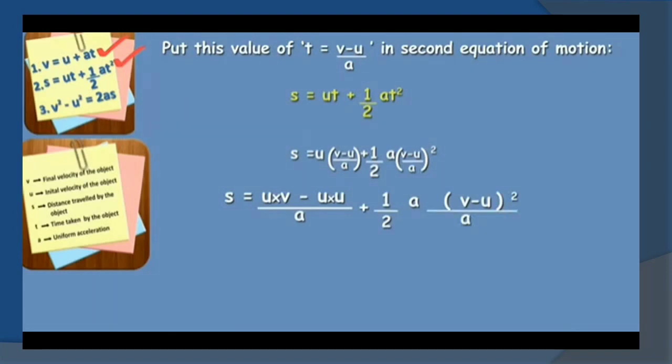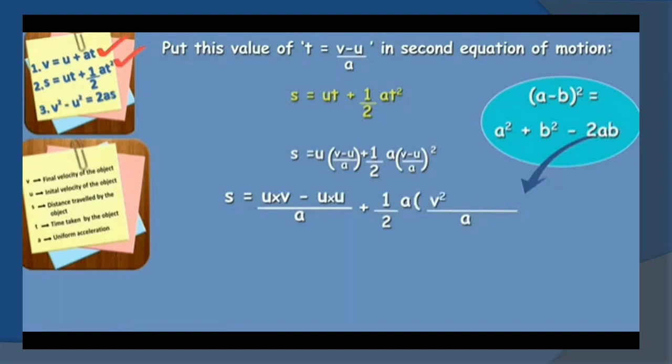As we know that a minus b whole square will be a square plus b square minus 2ab, we can put the formula here: v square plus u square minus 2uv.